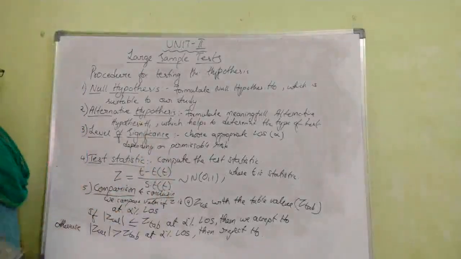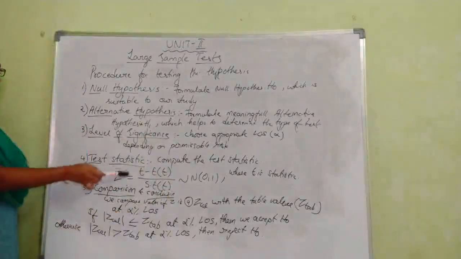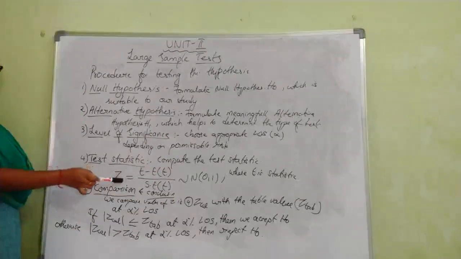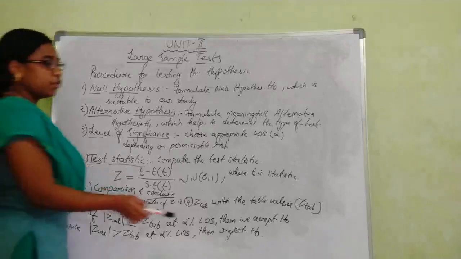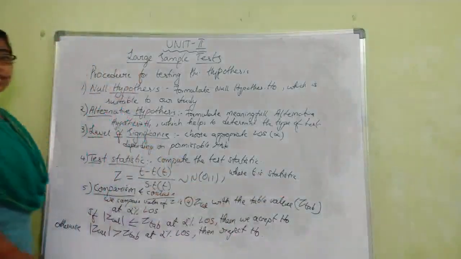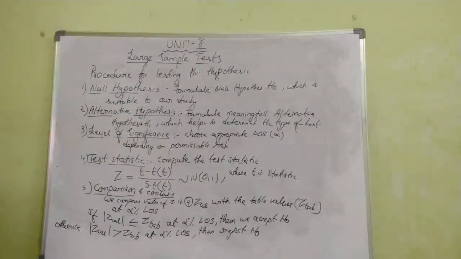Next, comparison and conclusion. After calculating the Z value, which is called Z calculated, we compare it with the table value, denoted as Z tab or the critical value. If mod Z calculated is less than or equal to Z tab, we accept our null hypothesis. Otherwise, if mod Z calculated is greater than Z tab, we reject our null hypothesis.